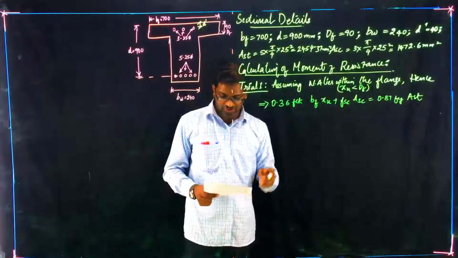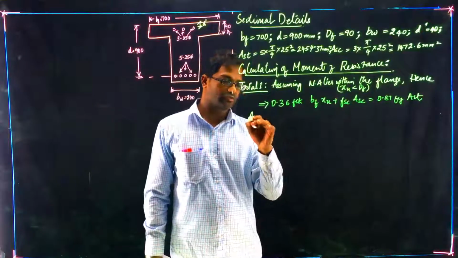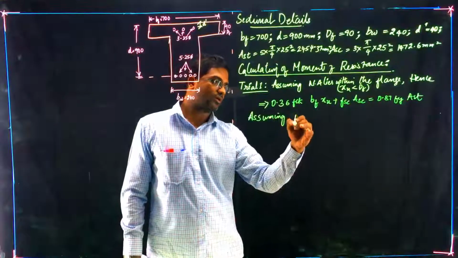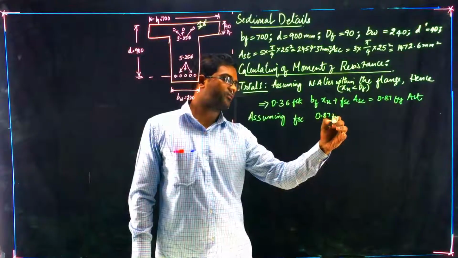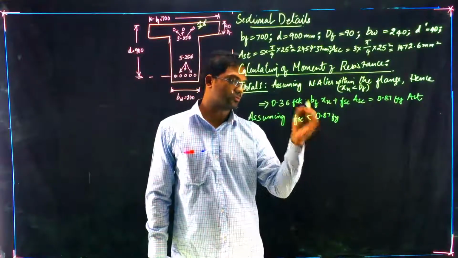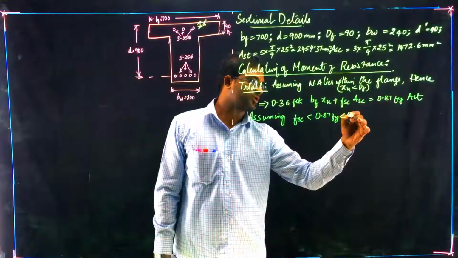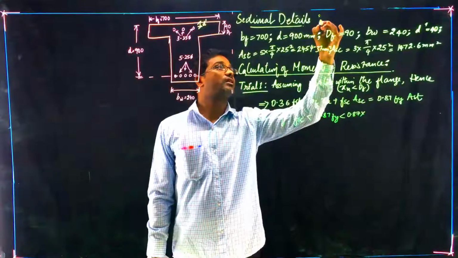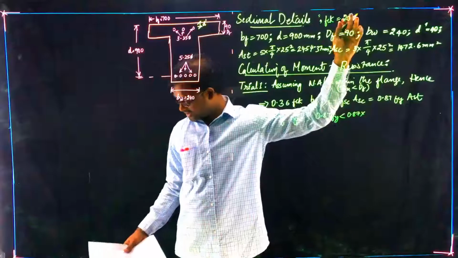Now substituting the terms, you need to calculate FSC. Now assuming FSC, we will take a lesser value rather than 0.87 Fy. Okay, we will write here FCK given here is 20.